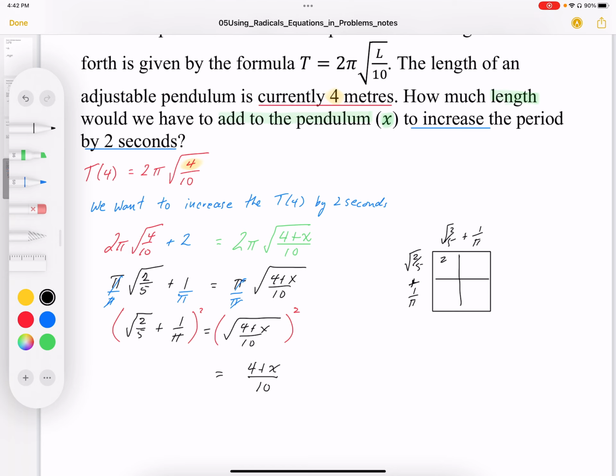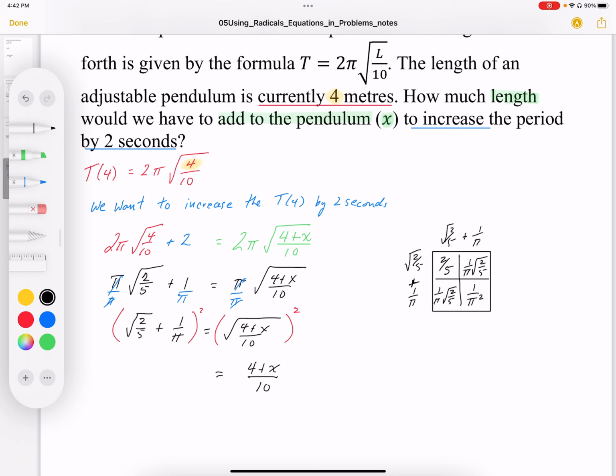So root 2 over 5 times root 2 over 5 is just 2 over 5. This is going to be 1 over pi times the square root of 2 fifths, and this is going to be 1 over pi times the square root of 2 fifths. And then I'm going to end up with 1 over pi squared. Okay, so that's my expression.